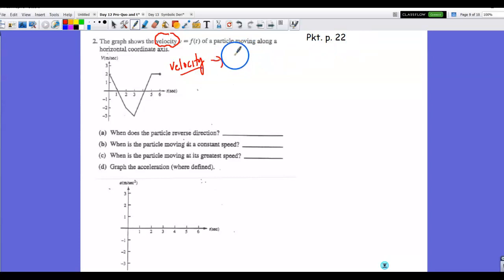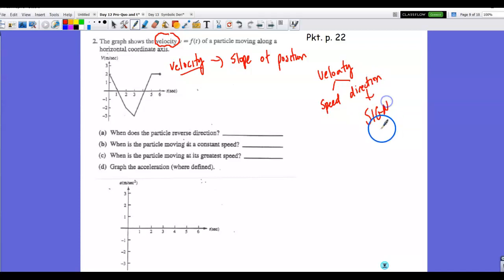And remember that velocity is the slope, or the instant rate of change, of position. We also know that velocity, just as a review, indicates two quantities. It indicates speed, which is simply how fast the particle or object is moving, and direction. And the direction of the particle is indicated by the sign of velocity.